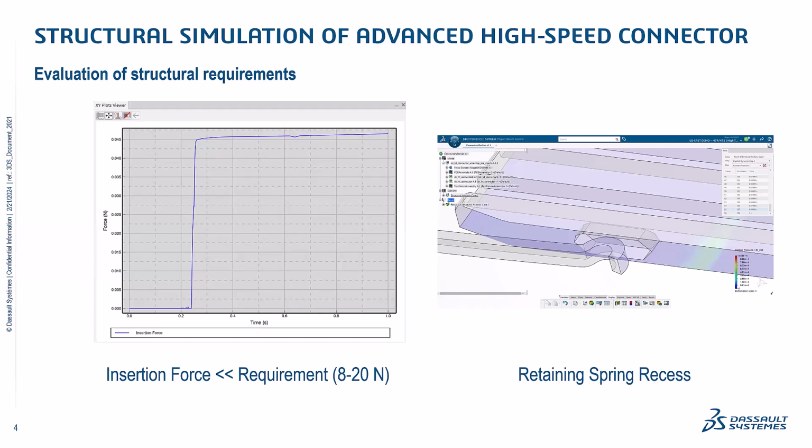We uncovered a number of issues, and another one is that the recess for capturing the retaining spring wasn't fitting the retaining spring very well, and that's due to the vertical shift of the connector as it's inserted. So there's a retaining hole which the retaining spring is meant to fit into, but because the connector was moving up as it slides in, that wasn't making a very good connection. So that's something else that needs to be redesigned. You can see that on the right-hand side here.